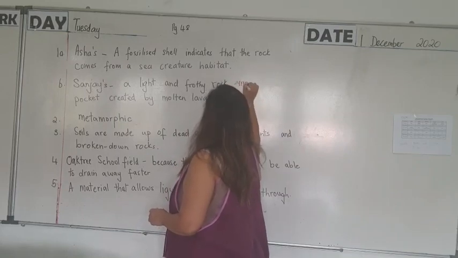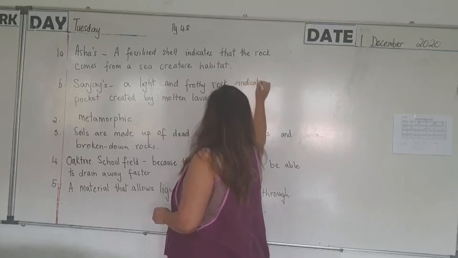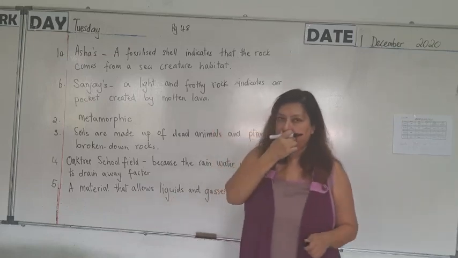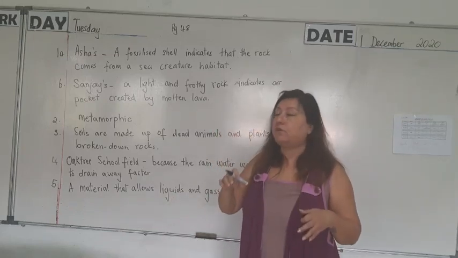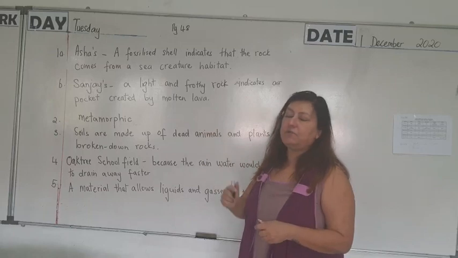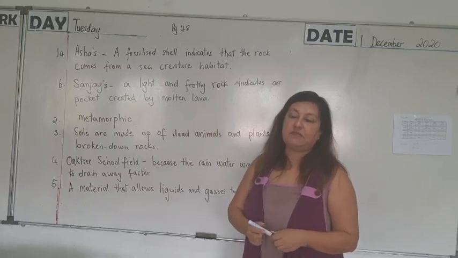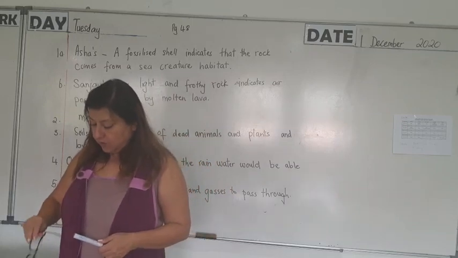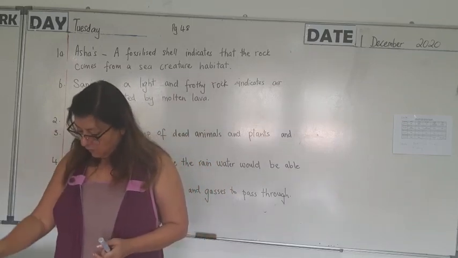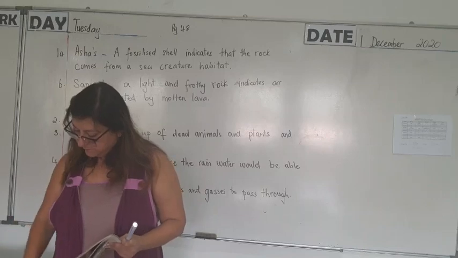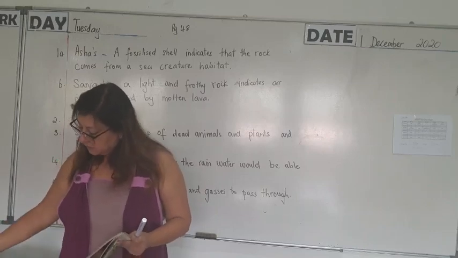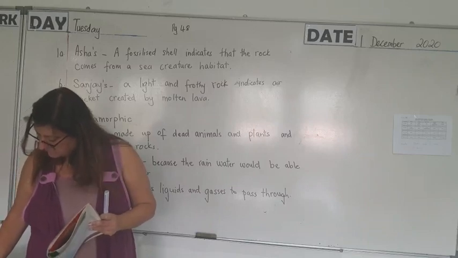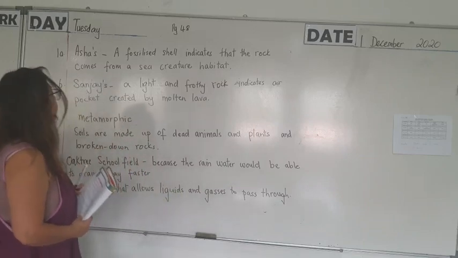It means shows. It indicates air pockets, okay? It indicates it has air pockets because it's full of holes created by molten lava, okay? So that means it comes from near a volcano, okay? The rock comes from somewhere near a volcano, okay? So please copy the answers from the board.